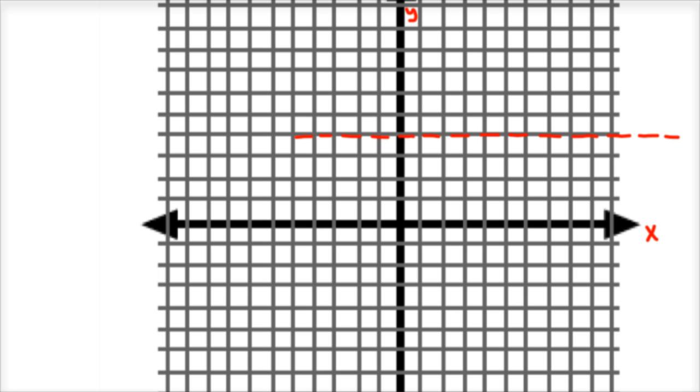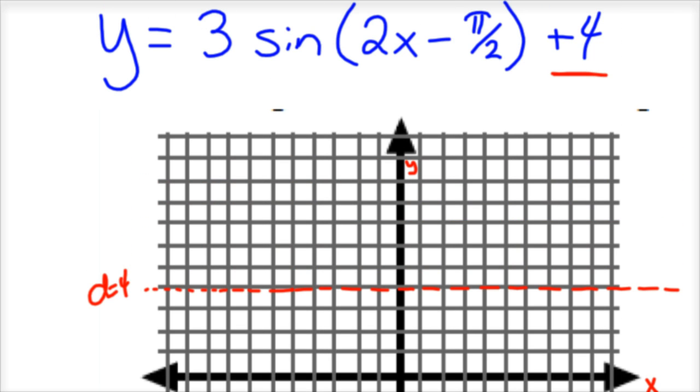My sine graph is going to go above and below that d equals 4 line, or in our case y equals 4. But d is what I called it in the original. Okay, so that's the first thing I draw. Then amplitude, in this case, I'll do this in red. Amplitude is 3. Your frequency, or b, is 2.